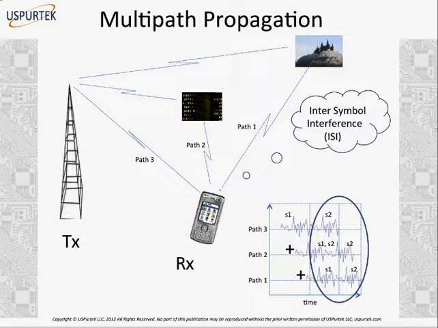Then on path 2, symbol 1 arrives late and a portion of it interferes with symbol 2 received from path 3. Also a portion of symbol 2, a delayed copy, interferes with the one received on path 3. Now this can be a bigger problem.